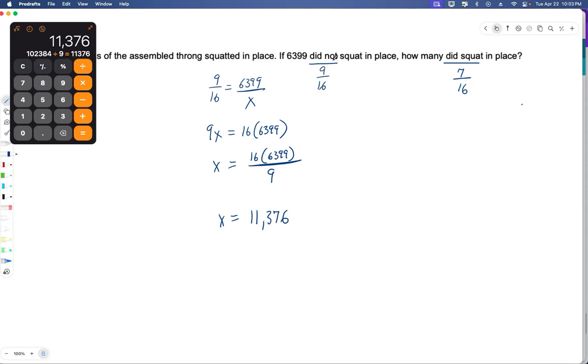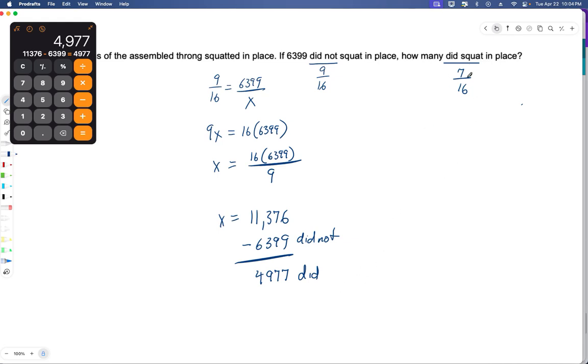This many did not squat. This number right here. So minus this number right here that did not should equal the ones that did. So minus 6399, 4,977 that did squat in place.